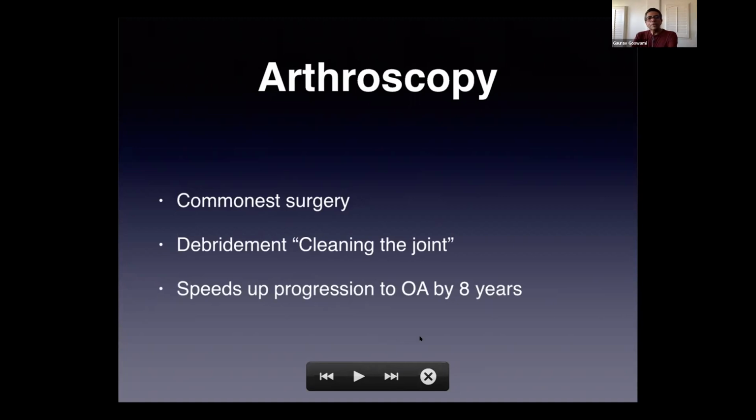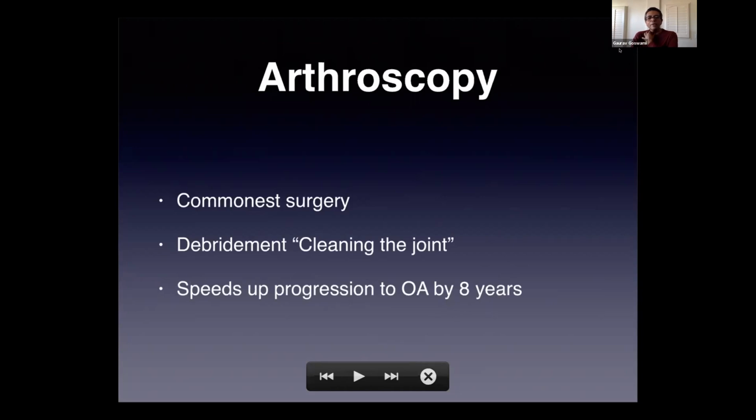Arthroscopy of the knee is the commonest orthopedic surgery in the United States. And generally, it is described as cleaning the joint. My background is surgery and radiology, and that's what I would tell patients every time I would put a scope in their joint: that I'm cleaning the joint.